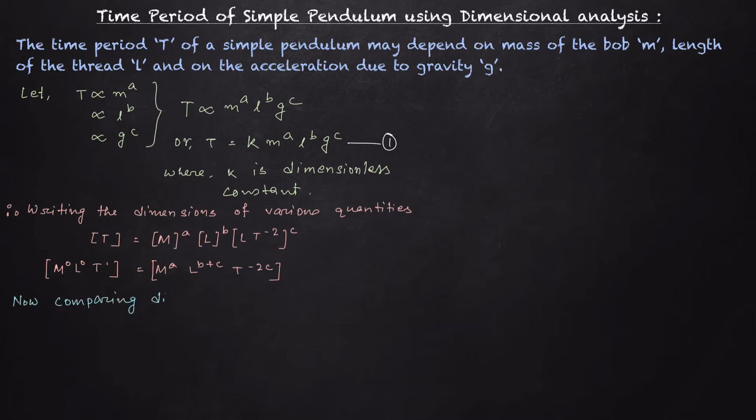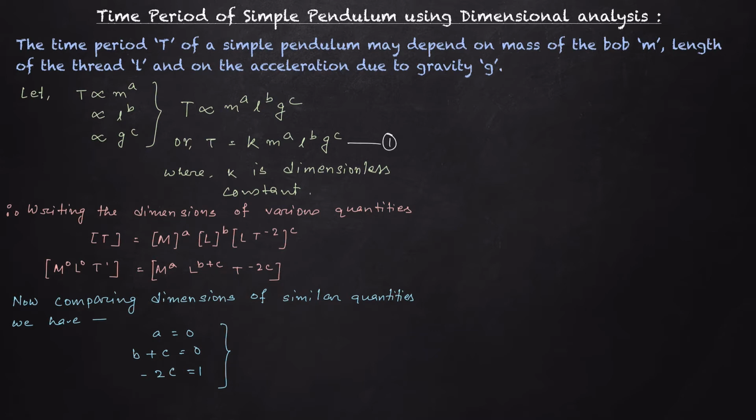Now, comparing the dimensions of similar quantities, we can write the following. As you can see, on the left hand side the power of M is 0, and on the right hand side the power of M is a. So a must be equal to 0, and similarly b plus c will be 0, and minus 2c will be equal to 1.